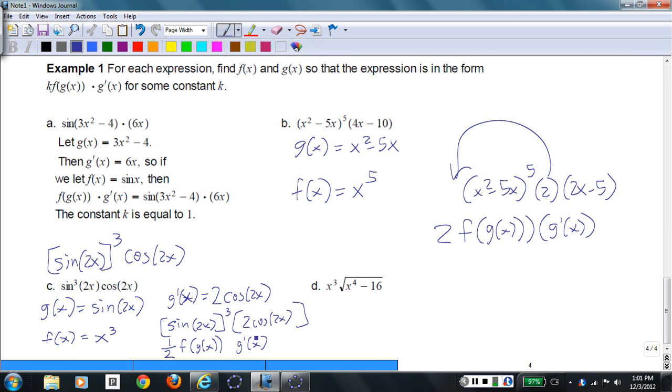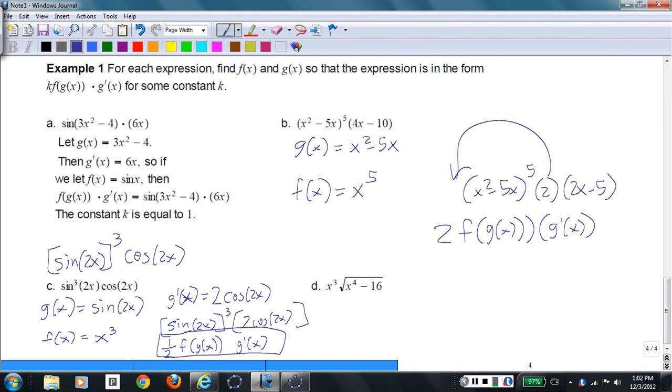If I write this in the form f of g of x times g prime of x, so 1/2 f of g of x times g prime of x would be a way of writing this expression with the f and the g that I've noted here.